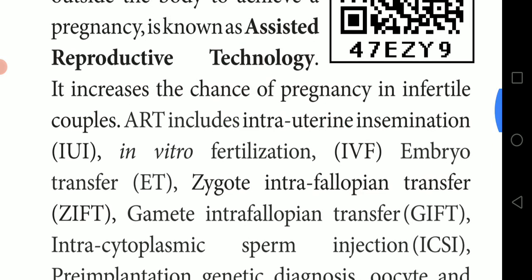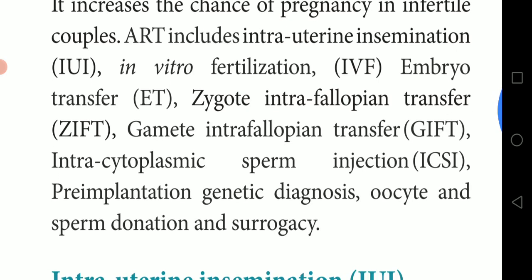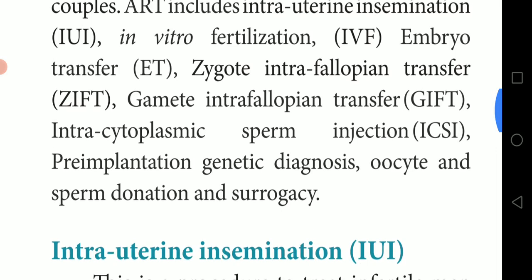So these are the methods used in assisted reproductive technology. They'll ask you what are the technologies used in ART. You have to write IVF, IUI, ET, ZIFT, GIFT, ICSI.